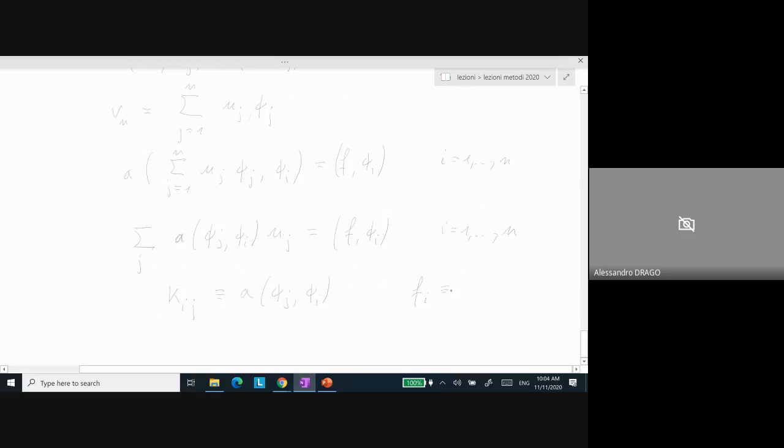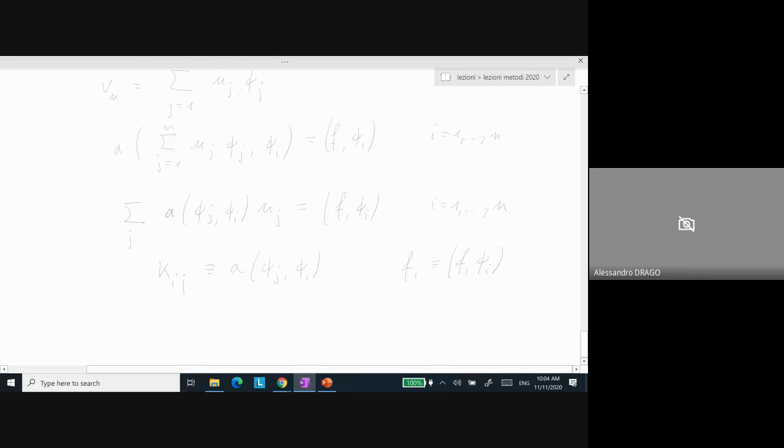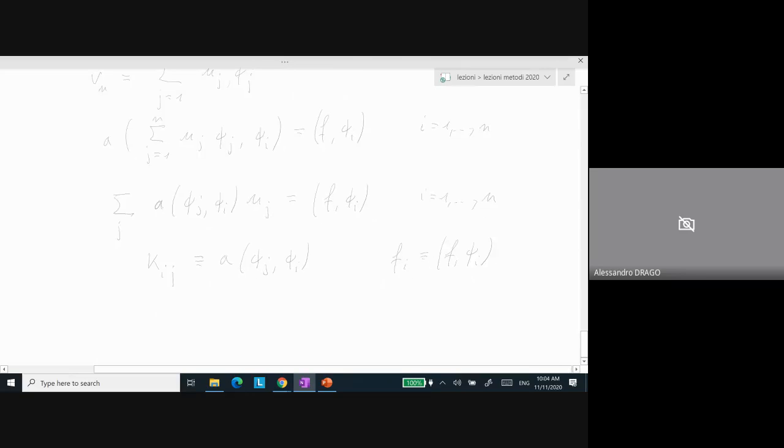So Fi is f phi I. And at this point, it is clear that these equations can be recast in matrix form as the matrix K times the vector U equal to the vector F.